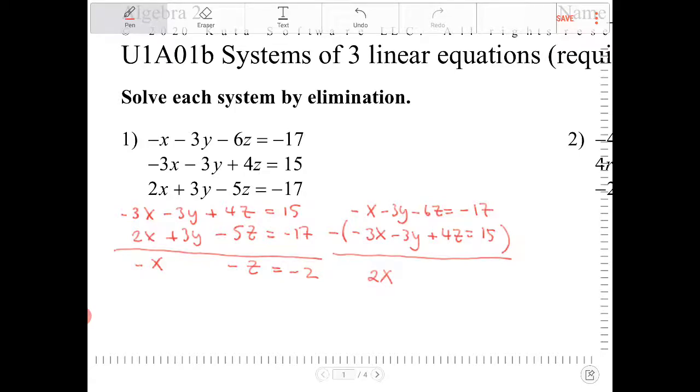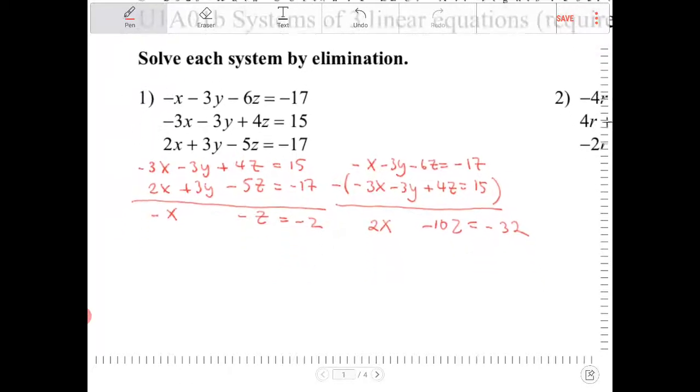The middle term disappears because negative 3y plus 3y becomes 0. The last term, I have negative 6z plus negative 4z, so that's minus 10z, because negative 6z plus negative 4z is negative 10z, is equal to negative 32.